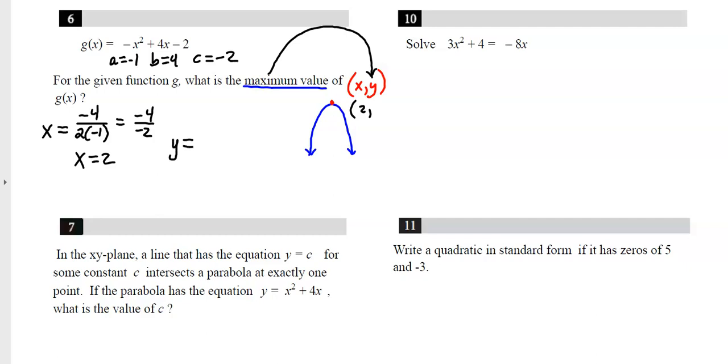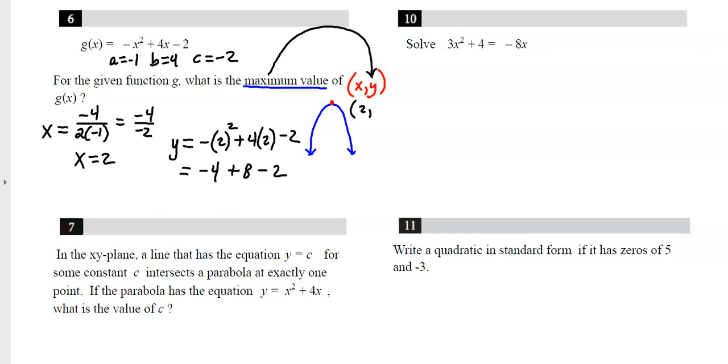So y equals a negative. I'm putting a 2 in right here. 2 squared. Be careful with your parentheses, because I have to do the parentheses first. 2 squared is 4, and then just slap the negative in front. And then this is a positive 8. It's a minus 2.